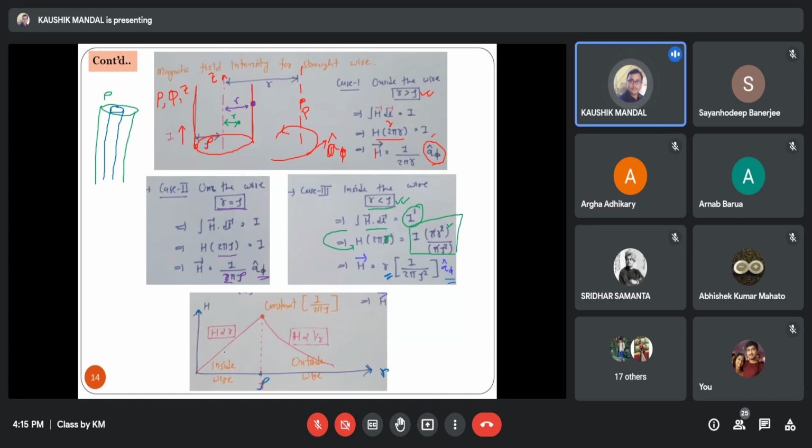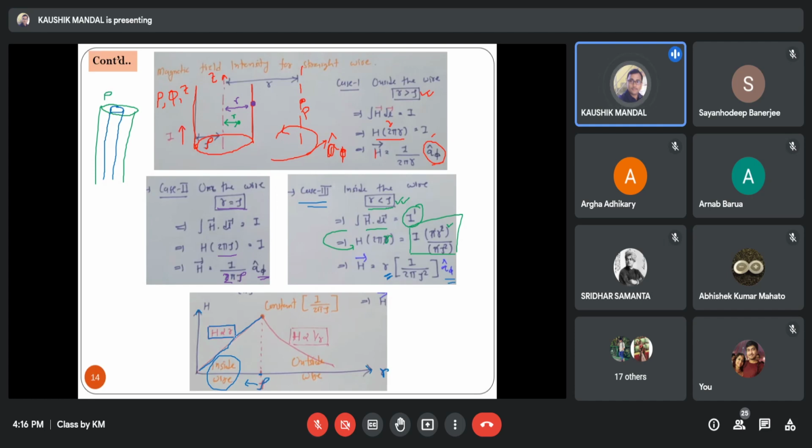If the test point is on the left-hand side of rho, that is the case of inside the wire, which is case 3. In case 3, as per this equation, H is directly proportional to r up to r equal to rho.